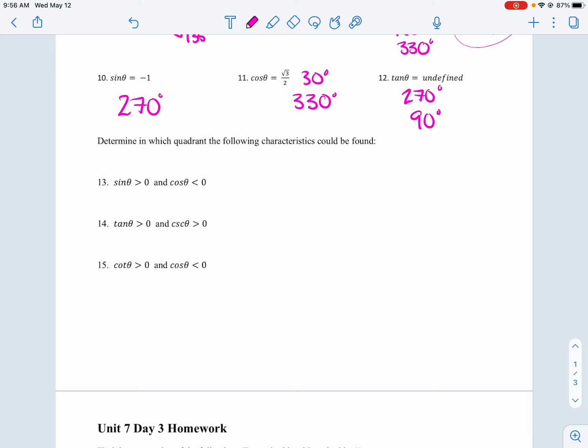Determine in which quadrant the following characteristics could be found. Before I get started, I want to remind you of these pieces right here. Cosecant of theta is equal to 1 over the sine of theta. Secant of theta is equal to 1 over the cosine of theta. And cotangent of theta is equal to 1 over the tangent of theta.